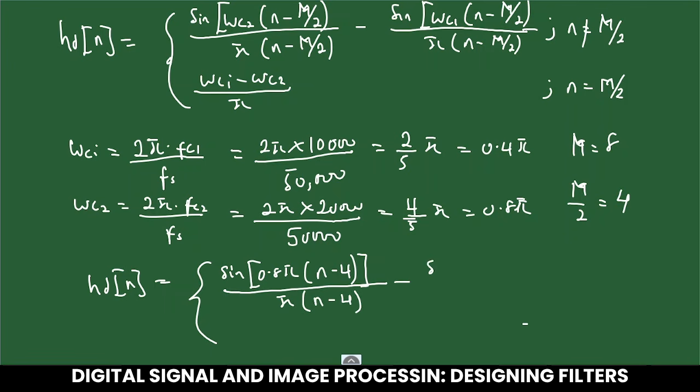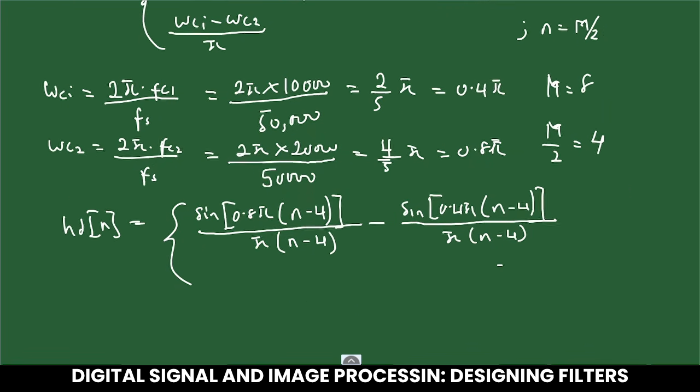We do same for this one too. We have sine of WC1 to be 0.4 pi into bracket n minus 4 all over pi into bracket n minus 4.